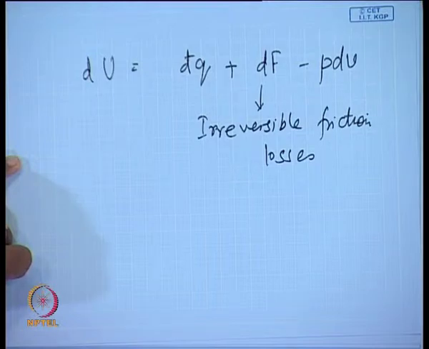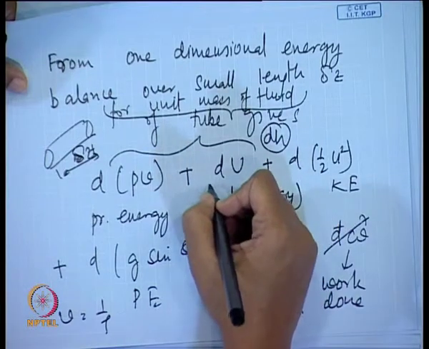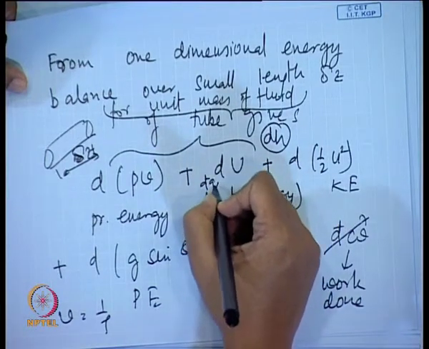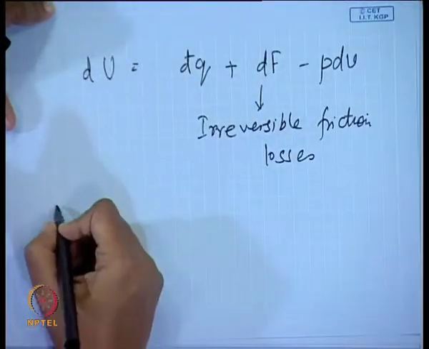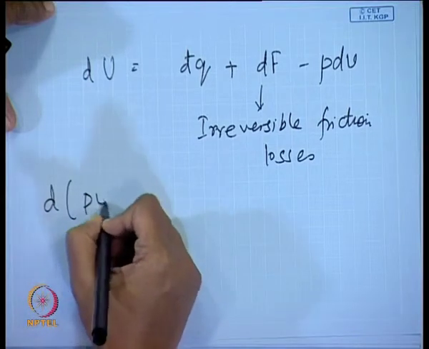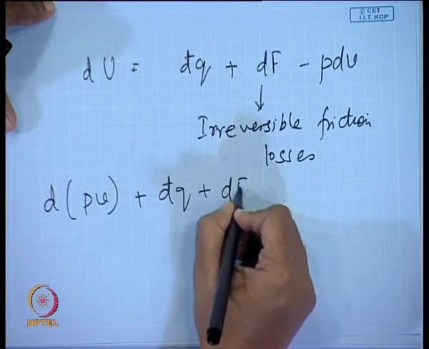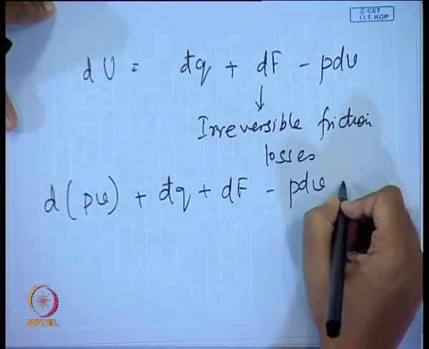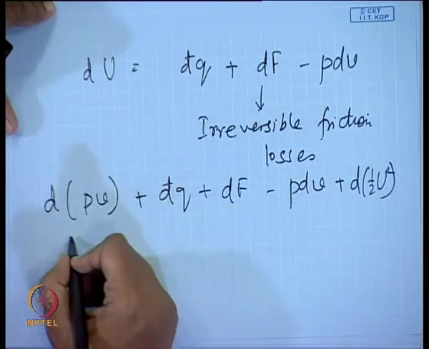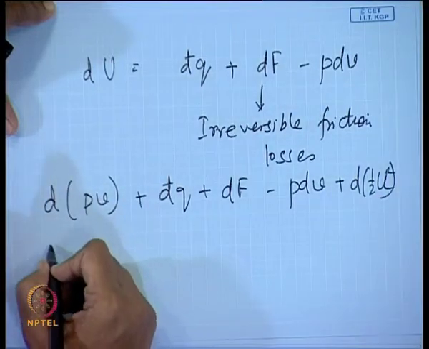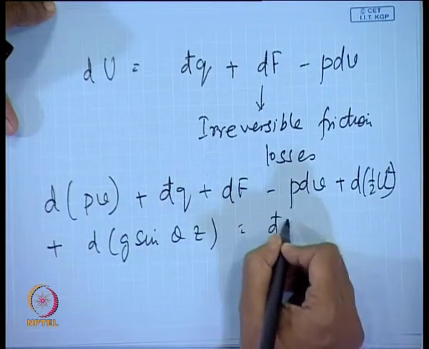Instead of du, I will be writing dq plus df minus p dv, plus d of half u square, where this is the small u, plus d of g sin theta z, equals dq.